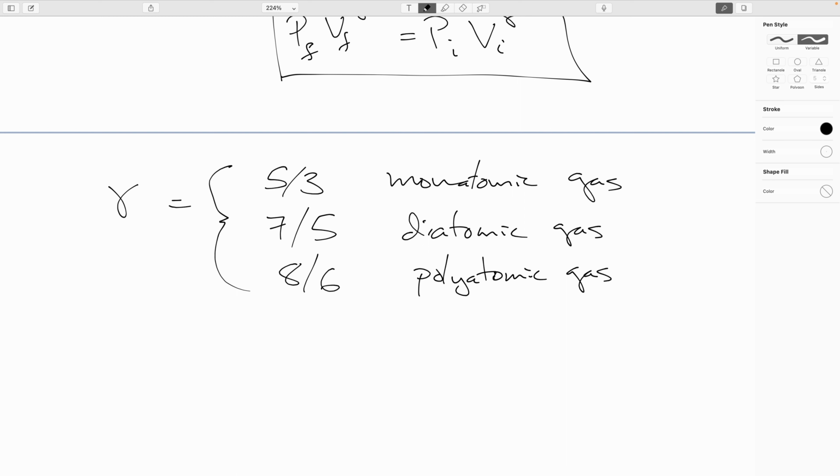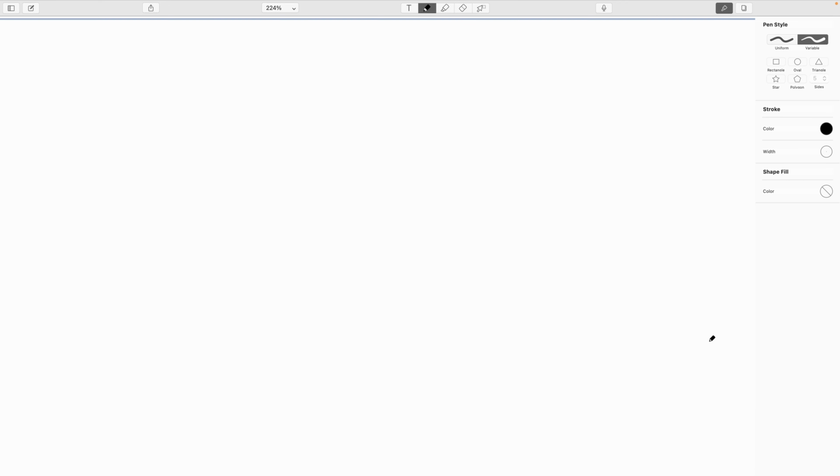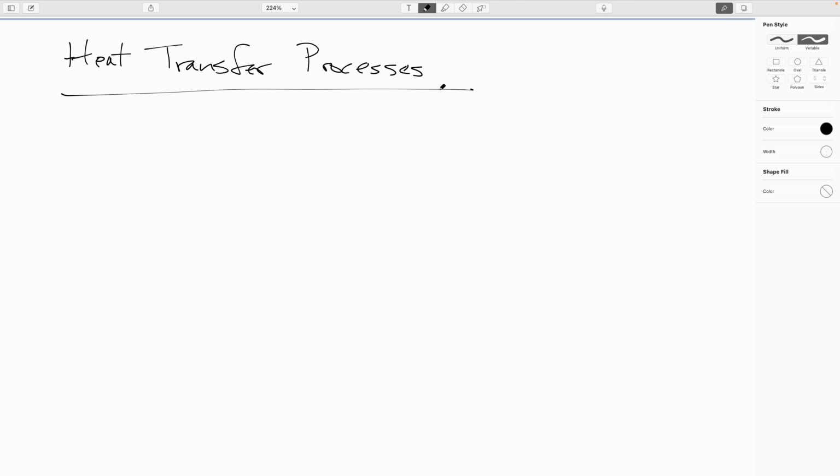But now what I would like to do is just finish up our thoughts of heat transfer by taking a look at the heat transfer processes. In this vein, I am going to be thinking about baking cookies.